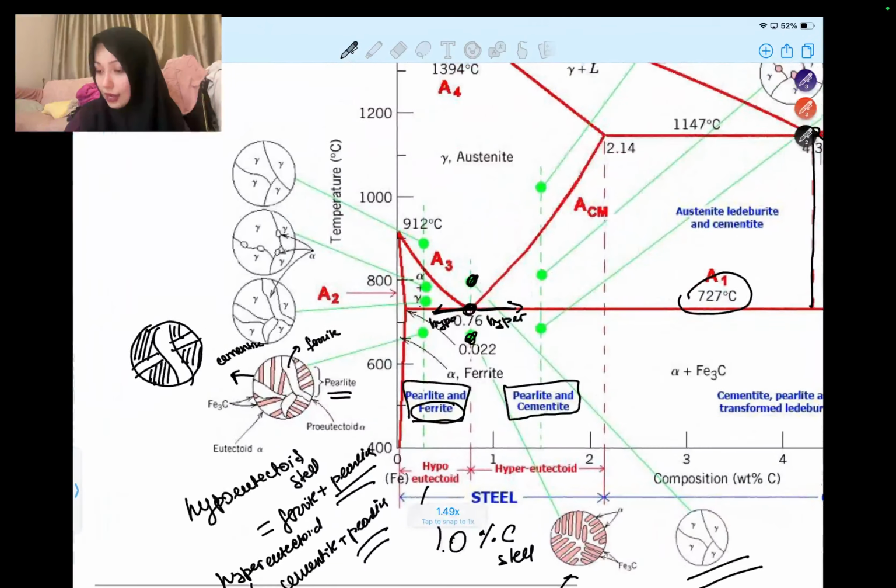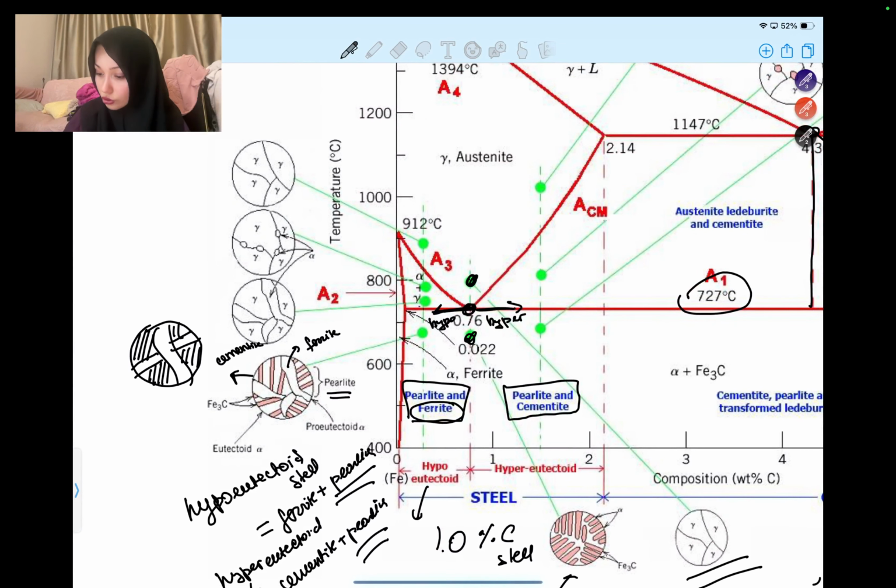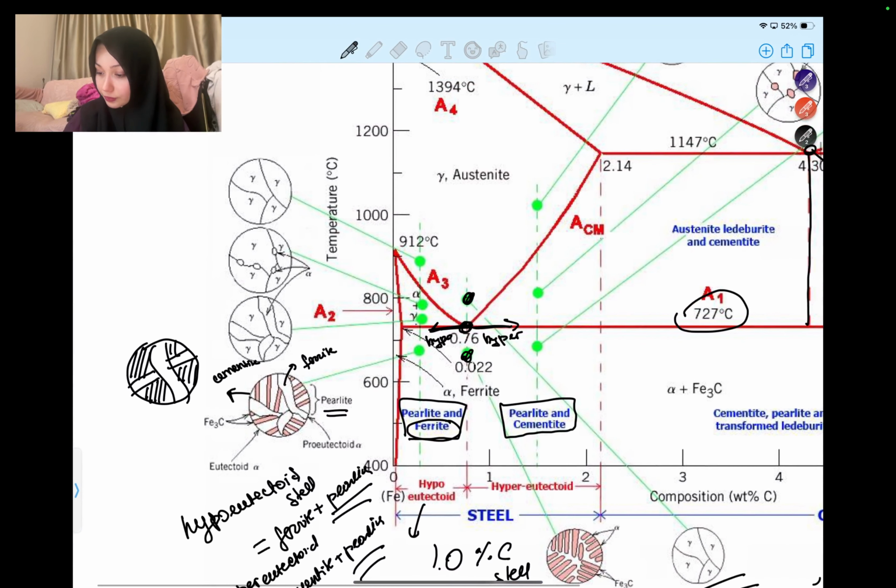Okay, and here I just want to show you, at higher temperature we just have austenite, and then further as the temperature decreases, as I've mentioned before, ferrite is in the low temperature and austenite is in high temperature, right?